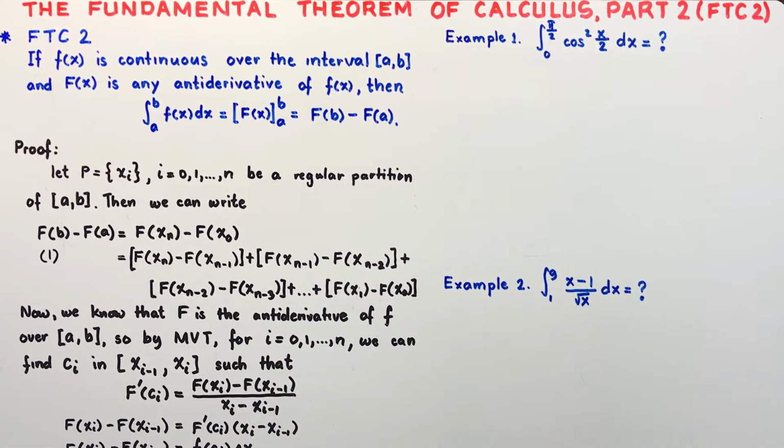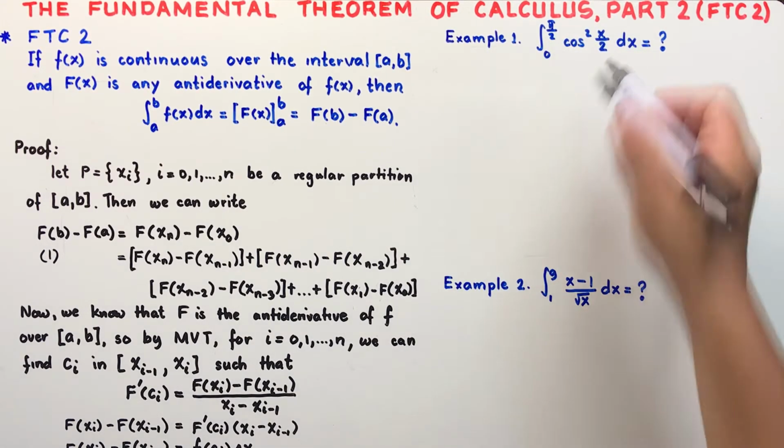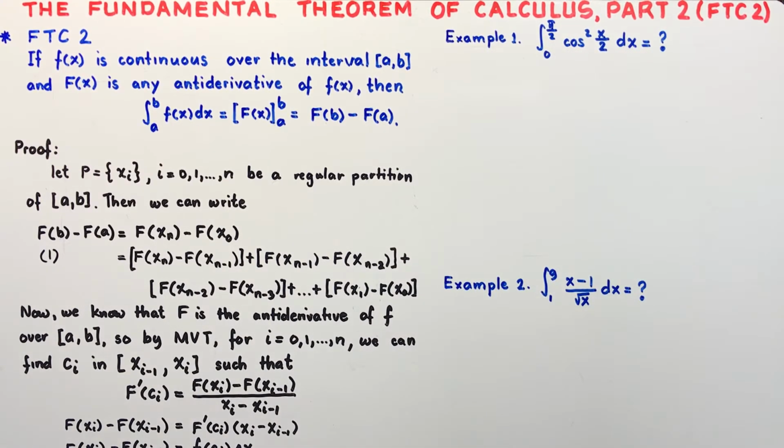So what we do is to apply an identity for this cosine squared of x over 2, which transforms this second power to the first power.